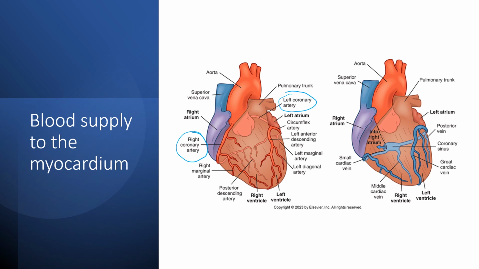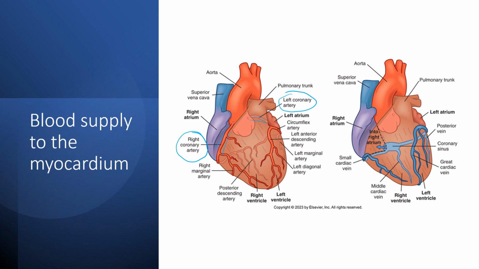Here you can see the left coronary artery and the right. The right and left coronary arteries obviously have tons of branches, for example, the circumflex, the left anterior descending, etc. For the purposes of this course, simply understand there's a right and a left.